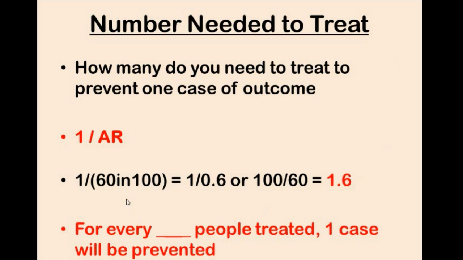Another way you could look at it is that since the absolute risk reduction or attributable risk is 60 over 100, the inverse of that would be 100 over 60. So we just flip this and it becomes 100 over 60, and that will also give you the same answer, which is 1.6. And that means that for every 1.6 people treated, or for every 1.6 people that you did something to, one case of that outcome will be prevented.